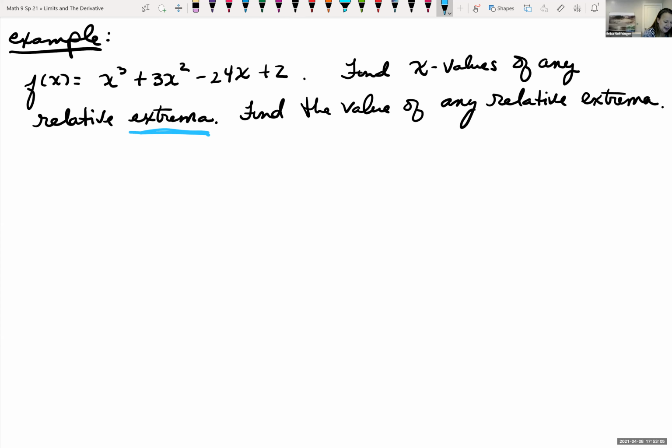But when it says find the value of any relative extrema, the value is always the y value of the point. And you have to look at the original function.